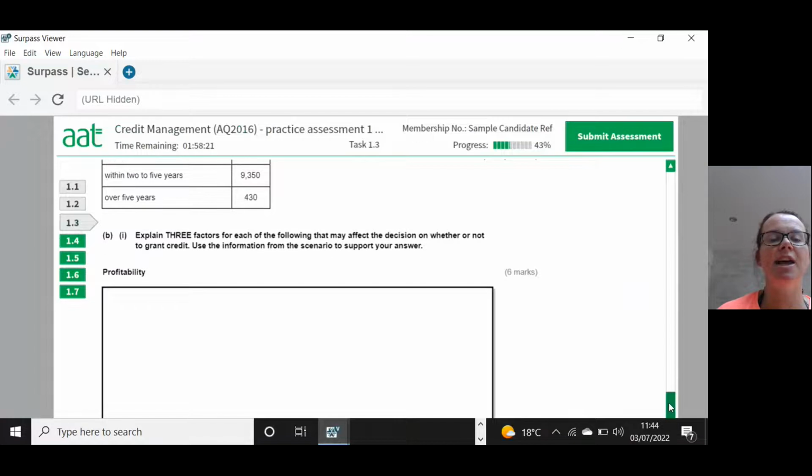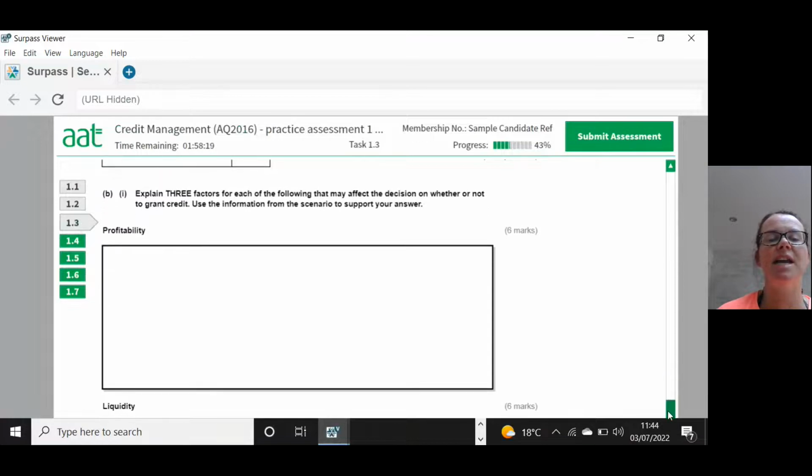Right, explain 3 factors for each of the following that may affect the decision on whether or not to grant credit. Use the information from the scenario to support your answer. Now, I've looked at this sample assessment and the second one, and they are very similar in style and layout.